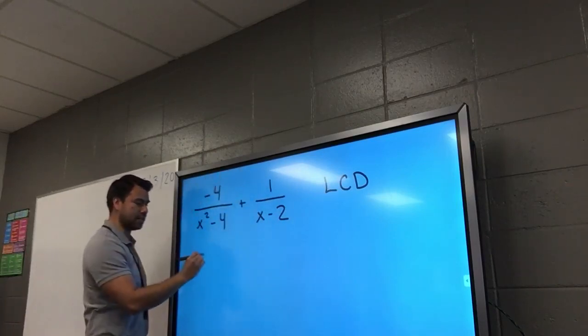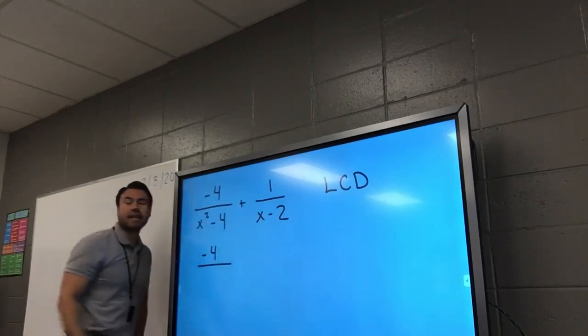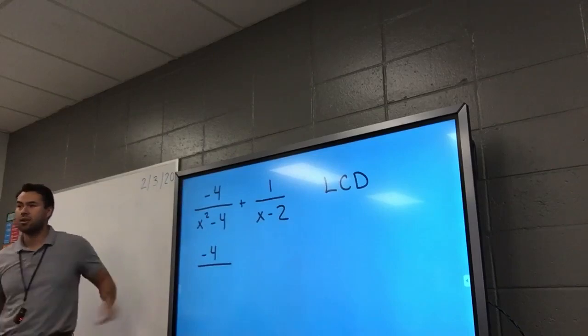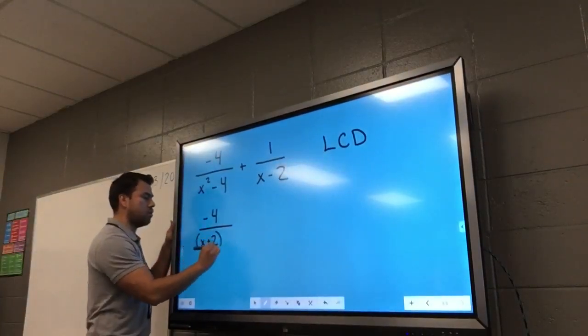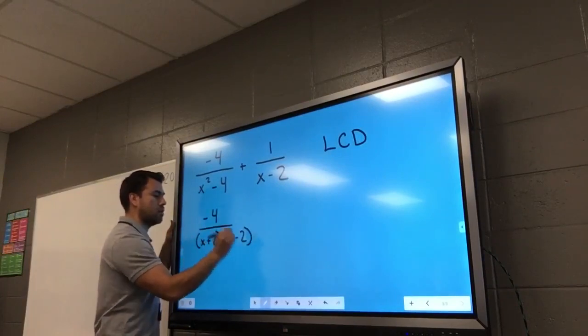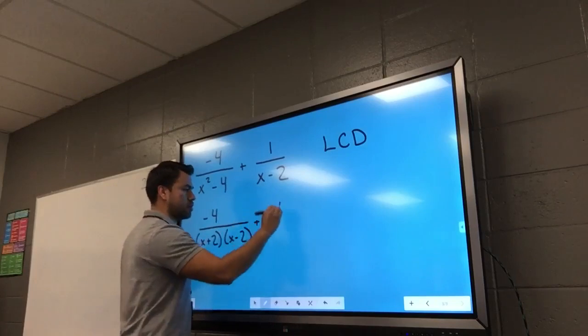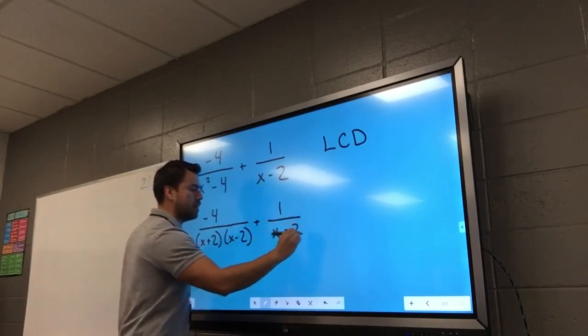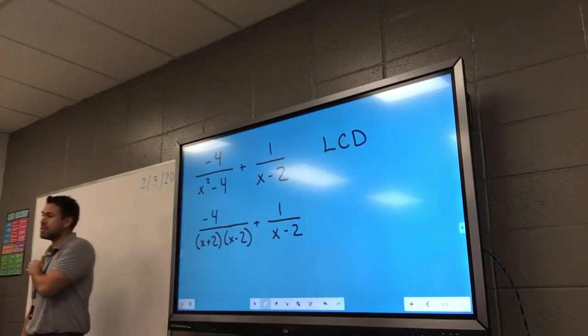In this case, it's really easy. So I'm just rewriting this time. What does x squared minus 4 factor into? X plus 2, x minus 2. Those are the binomials. And then x minus 2. Okay, can anyone tell me what the LCD is?